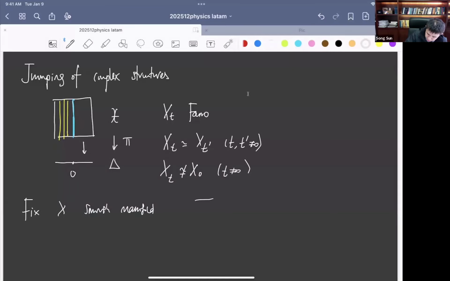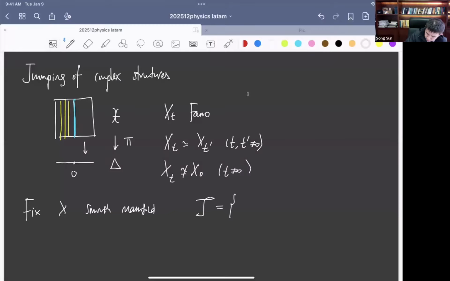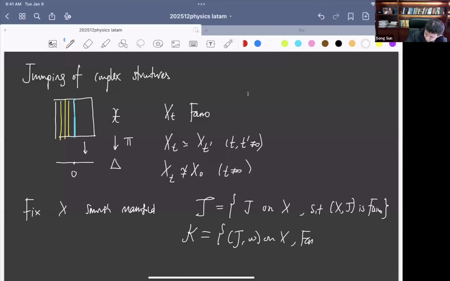We consider 𝒥 to be the complex structures J on X such that X_J is integrable and is a Fano manifold, and 𝒦 to be all the Kähler-Einstein metrics (J, ω) on X Fano, and furthermore Ric(ω) = ω.